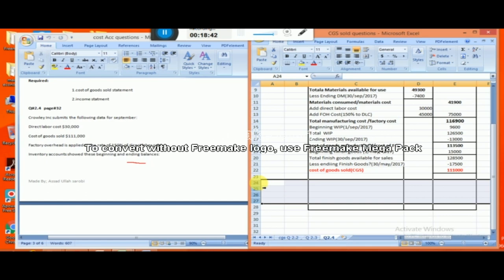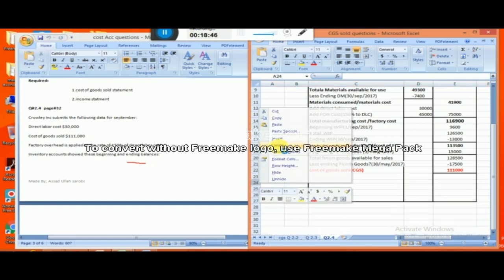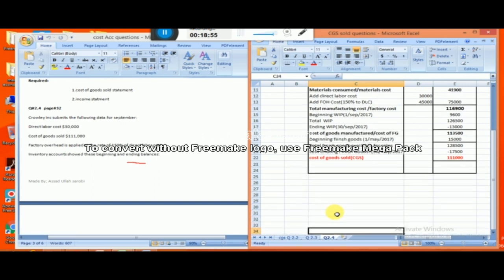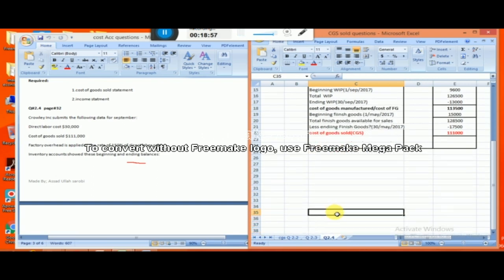Now we will calculate the income statement, because our requirement is the income statement.